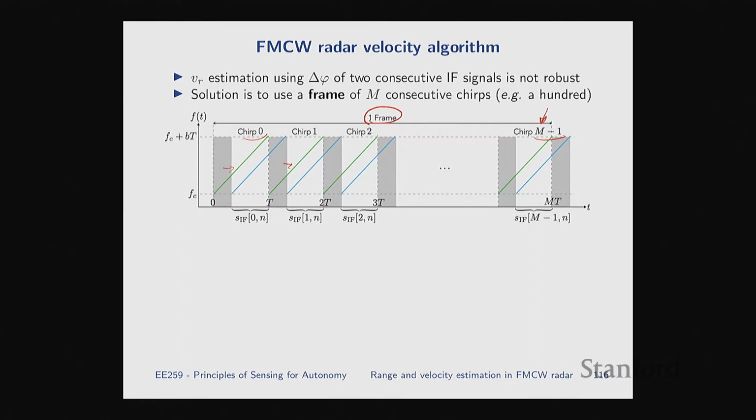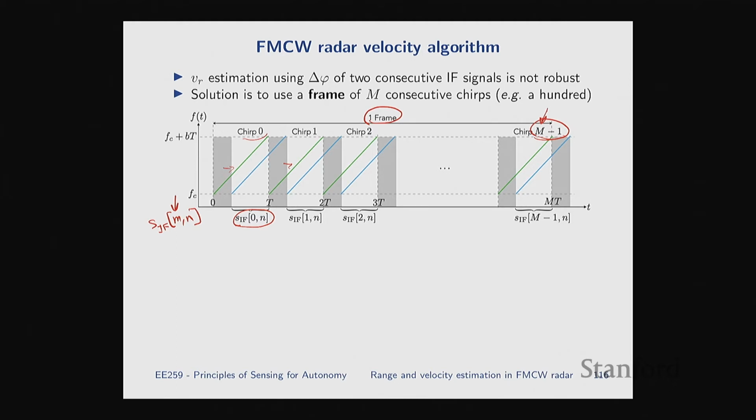Here our notation is going to get slightly more complex, so let's make sure things make sense. I'm now assigning 2 indices to the IF signals, m and n: SIF of m and n. m is the chirp index, which means this SIF is coming from which of the m chirps inside the frame.